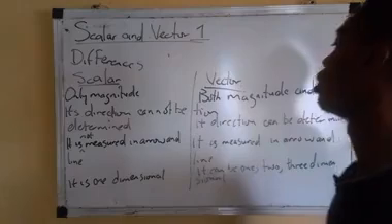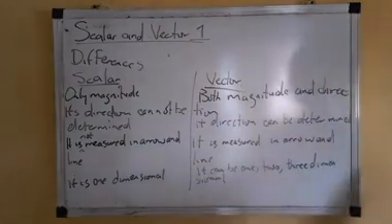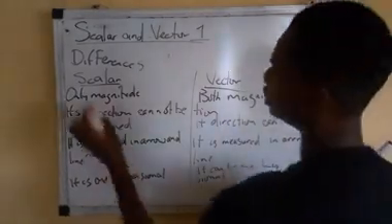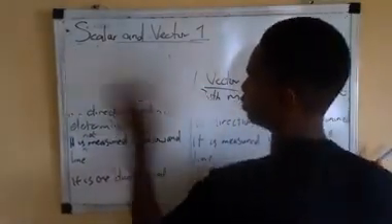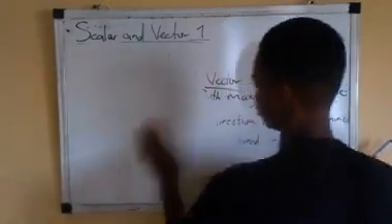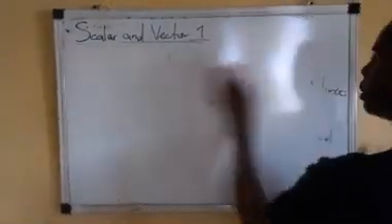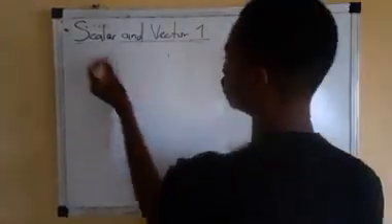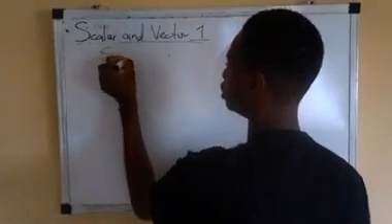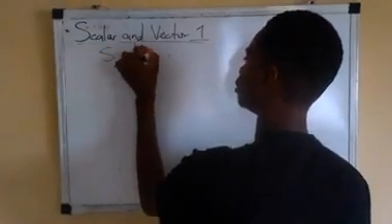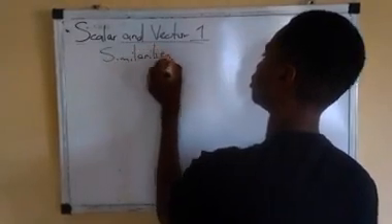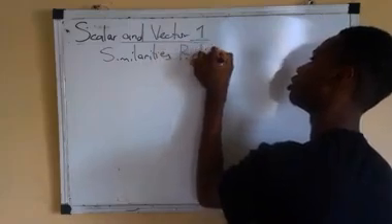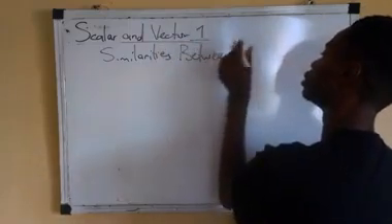So let's go to the similarities between scalar and vector quantities. That should be our last one for today.